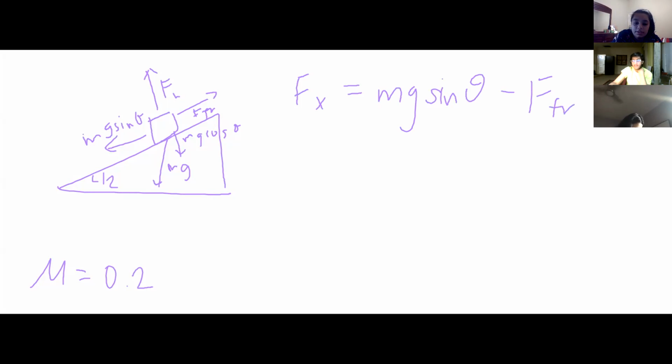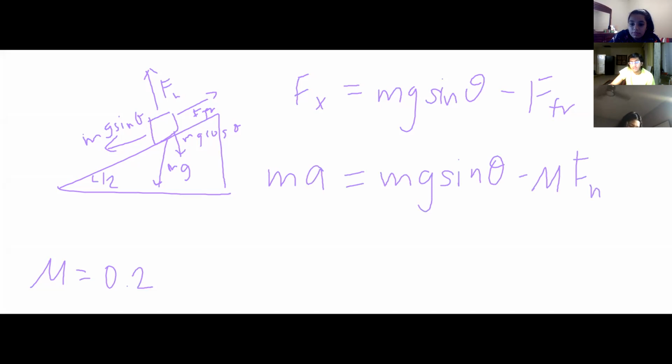Yes. Okay. That's assuming this is positive. Or I mean, we're just looking at the magnitude, right? Yeah. Okay, so that means we have ma, oh wait, we're running out of time, equals mg sine theta minus Fn. Yes? Okay. Yes. So what are we finding here? We're finding acceleration. Yes. Okay.